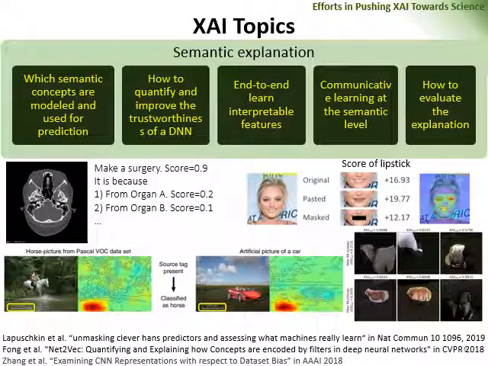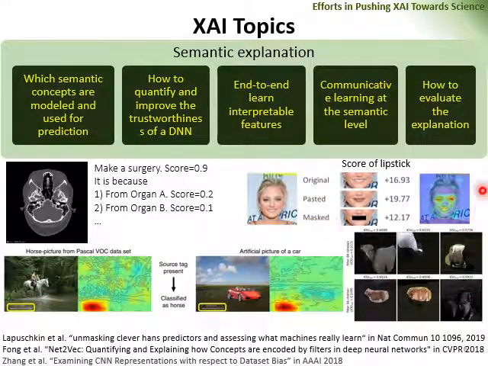The basic idea for schematic explanation is to verify whether a model encodes the correct reason or not, encodes correct features or not. For example, when the neural network classifies whether this girl wears lipstick or not, the neural network is supposed to use the mouth feature for classification.